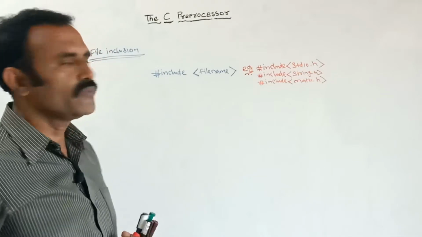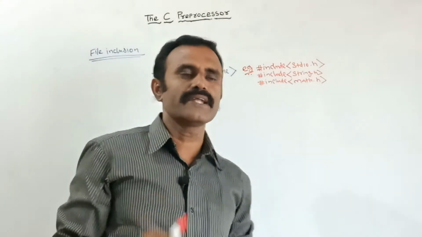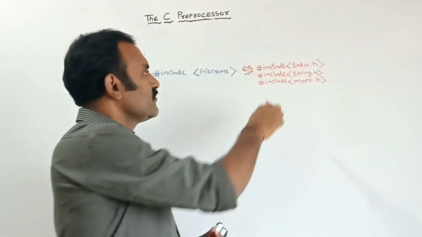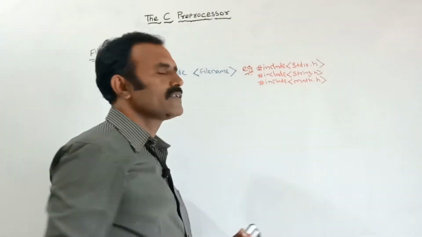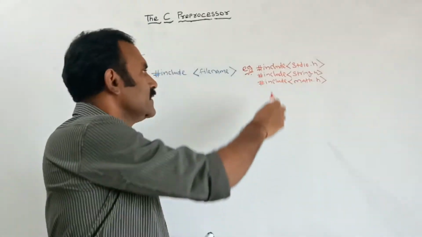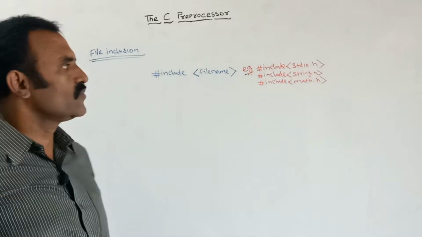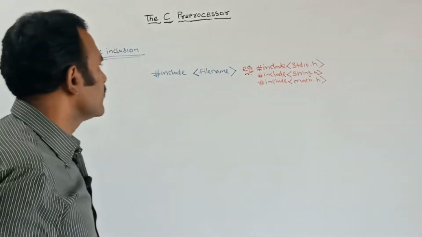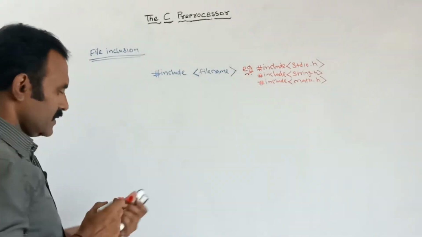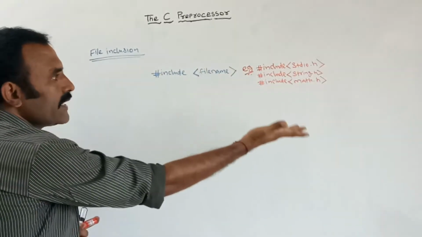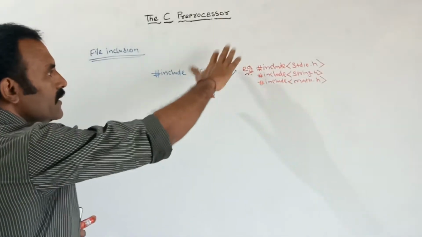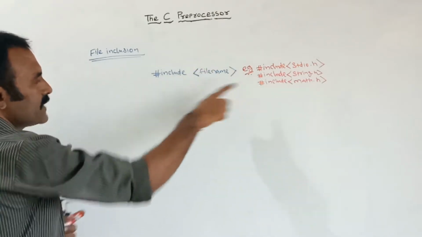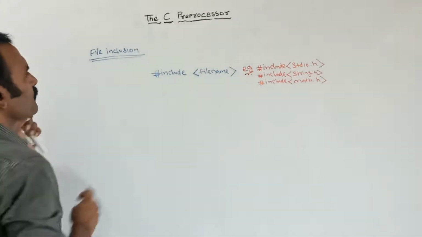Next, if you want to calculate some mathematical problem, there are a lot of functions inside math.h. By including these files in our source code, we can invoke the functions inside that header file. So this is one type: system header files can be included by using this syntax. This is the first form.